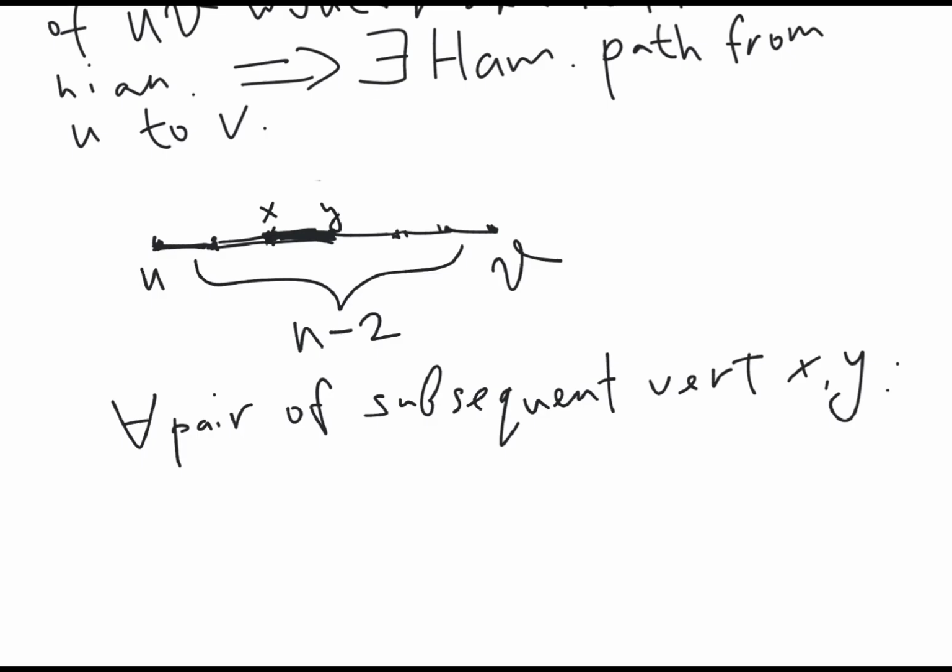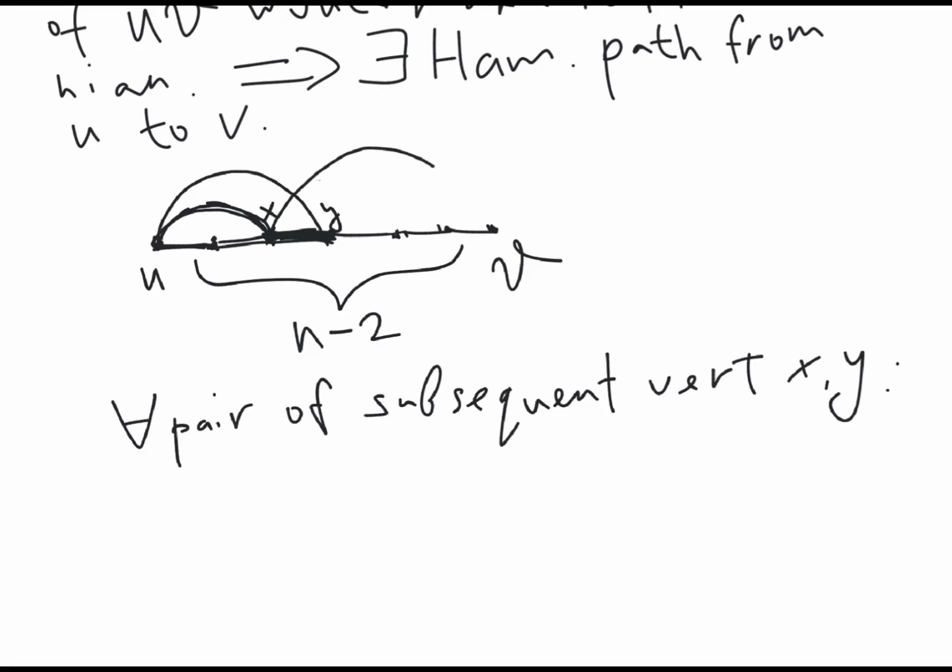So basically we consider whether there are edges or not between the vertices u and x. I will draw it as an edge, but we don't know if it's an edge, it would just be easier to draw.